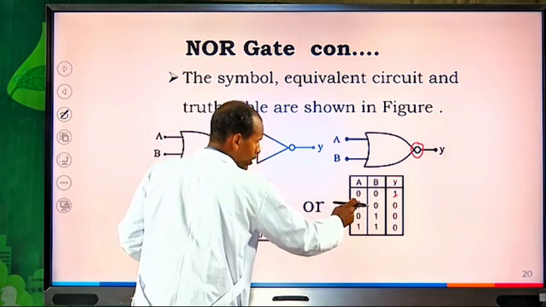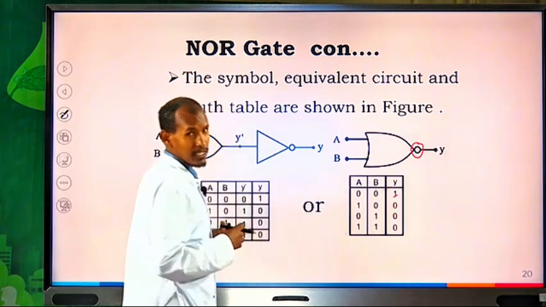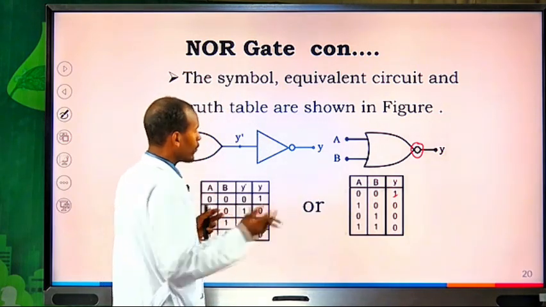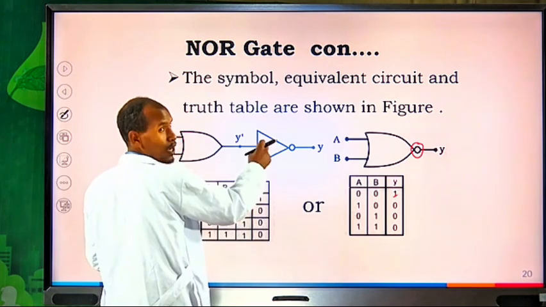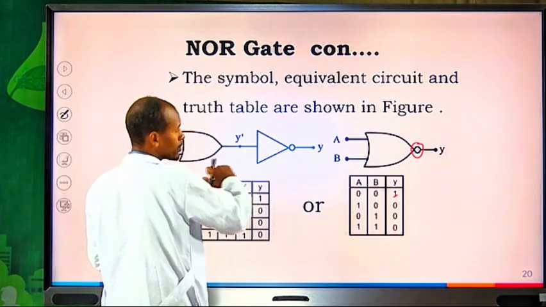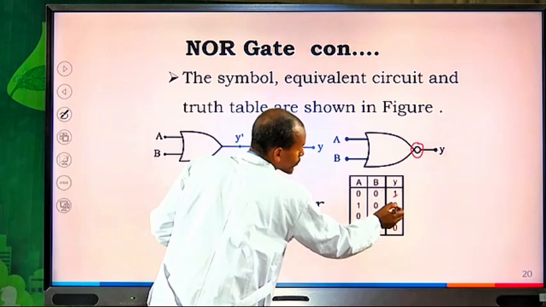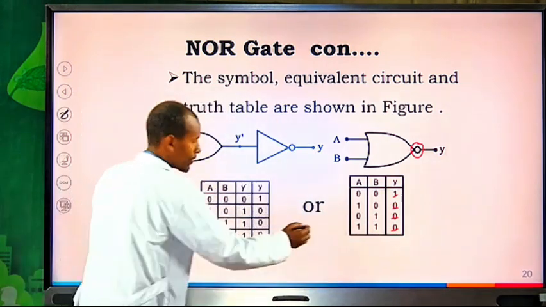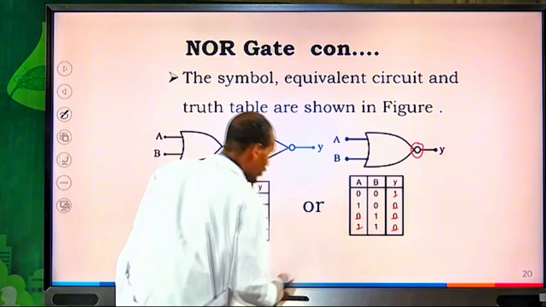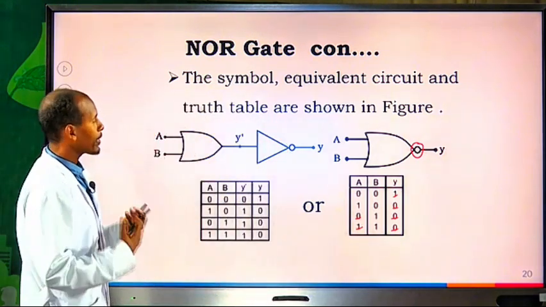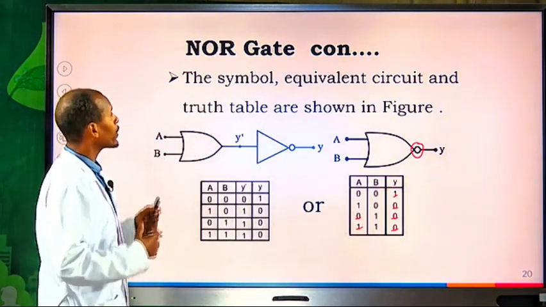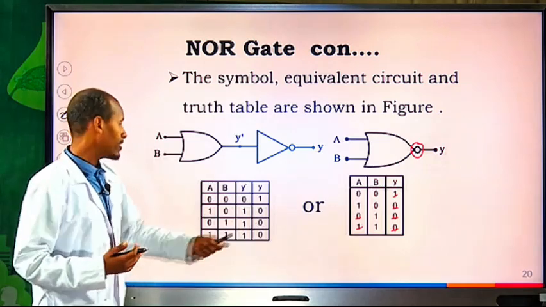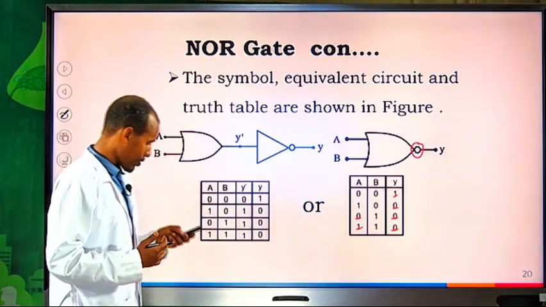If we look at this one, 1 OR 0 is 1, and if we use this for the input of the NOT gate, we get 0. The same thing is for the third and the fourth one. So this is how we can use the NOR gate in representation and in the truth table.